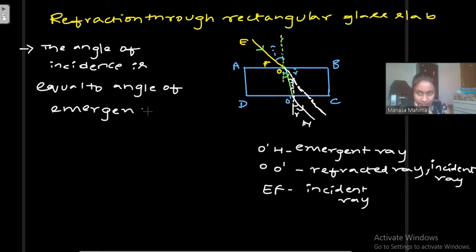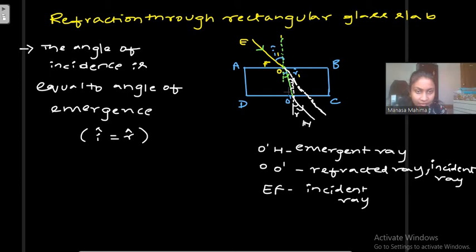Why? Can you say why? I is equal to R. Why? Here, let me change the designation so that we will not get confused while writing the reason. This is I1 and this is R1.